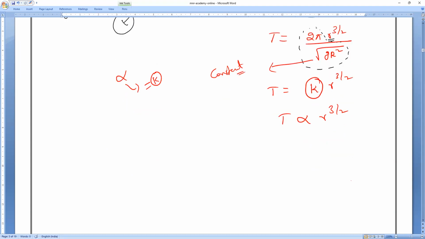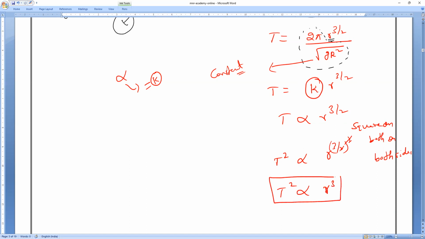Now do the square on both sides. What will happen, everybody? T square is directly proportional to r power 3 by 2 into whole square. 3 twos are 6 divided by 2, which becomes 3. So T square is directly proportional to r cube.